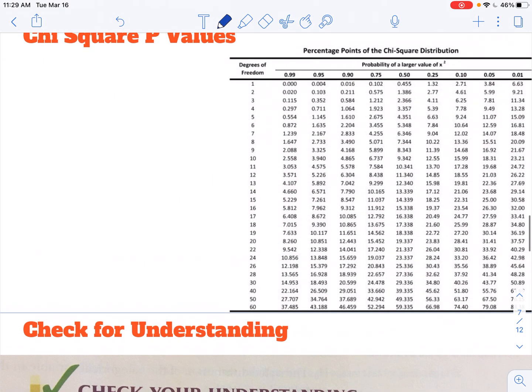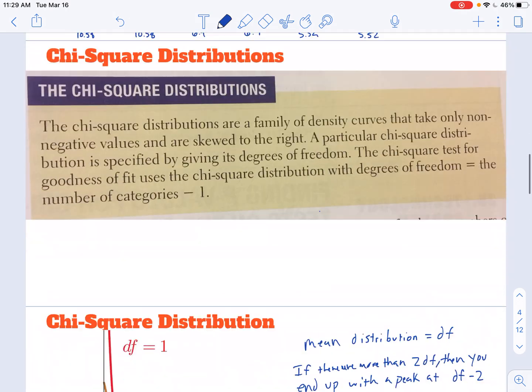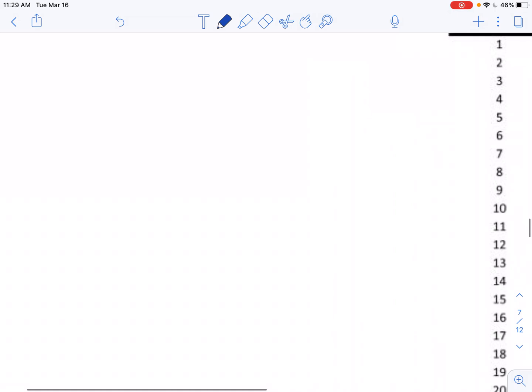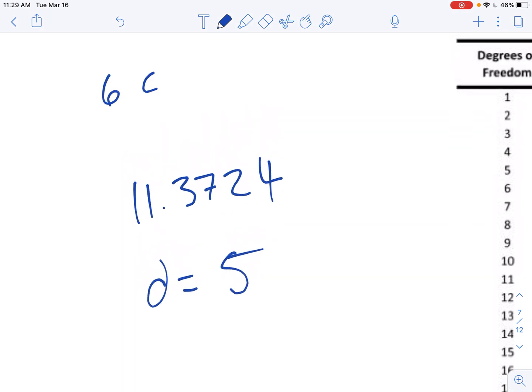So here my chi-square value was 11.3724. And I have 5 degrees of freedom. I had 6 categories. My categories were blue, orange, green, yellow, red, brown. I had 6 categories, so that means I've got 5 degrees of freedom.